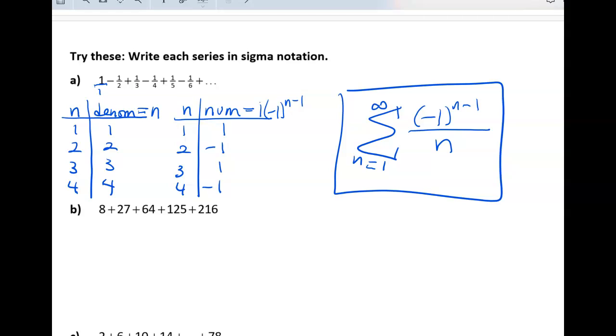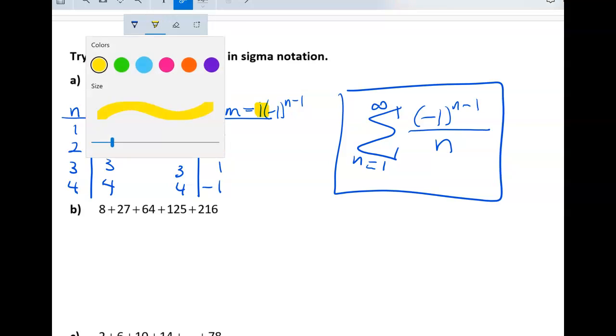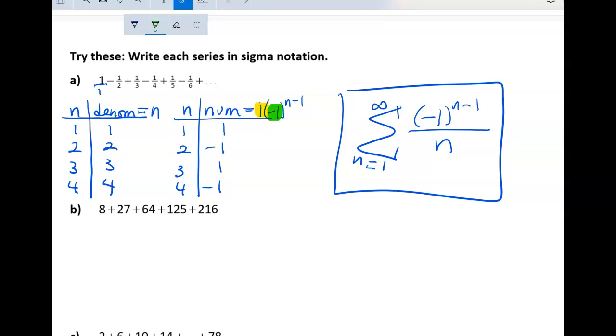So we can really use the form of a geometric sequence for that, which is the general term is the first term times the common ratio raised to 1 less than the term number. And so our numerators are just -1 raised to the n minus 1.